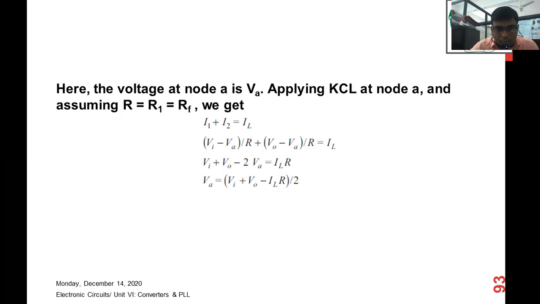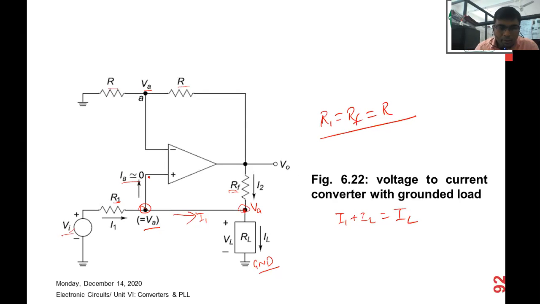So here I1 is what? It is Vi minus VA upon R. You can see once again, I1 is Vi minus VA upon R1, and here R1 is R.